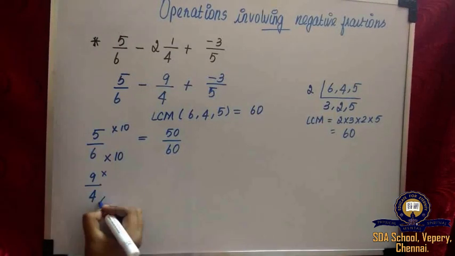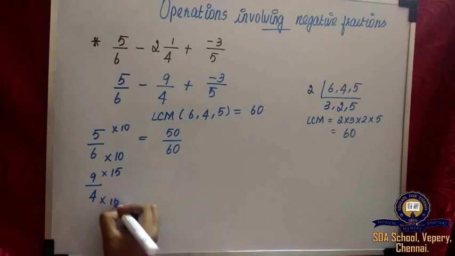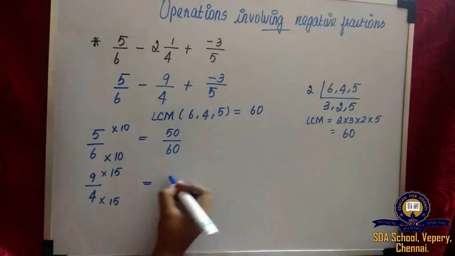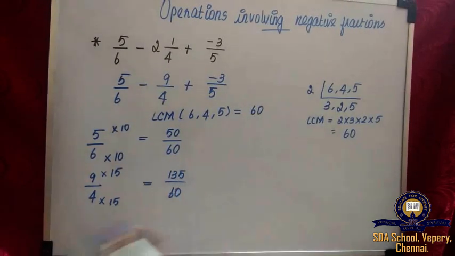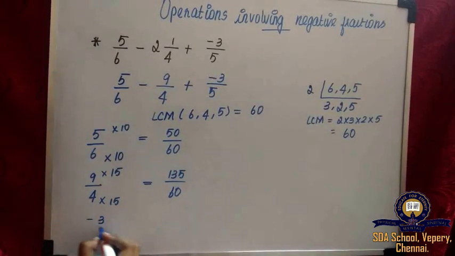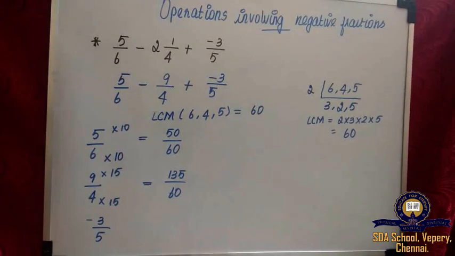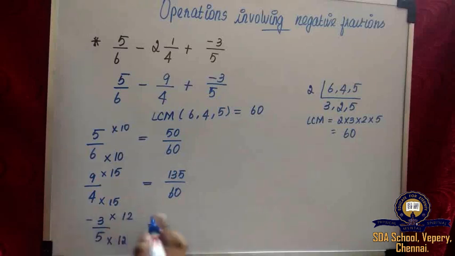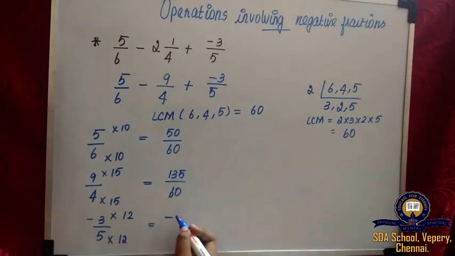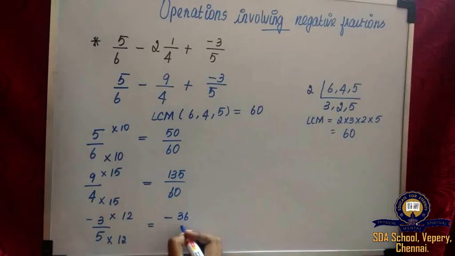So, we need to multiply the numerator and denominator by 15. 9 15s are 135 divided by 4 15s are 60. Next is minus 3 divided by 5. So, 60 divided by 5 is equal to 12. So, we need to multiply the numerator and denominator by 12. Minus 3 into 12 is equal to minus 36 divided by 5 into 12 are 60.